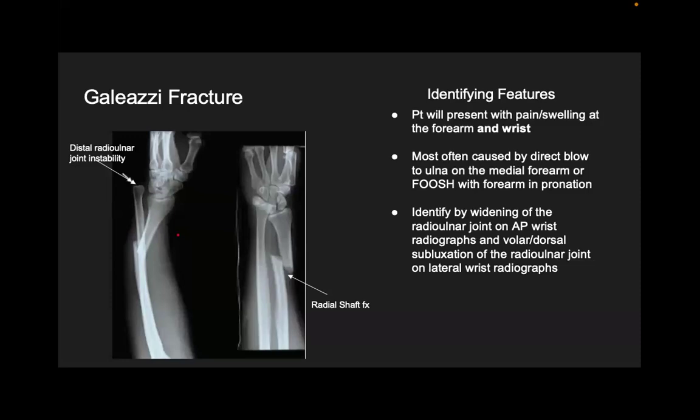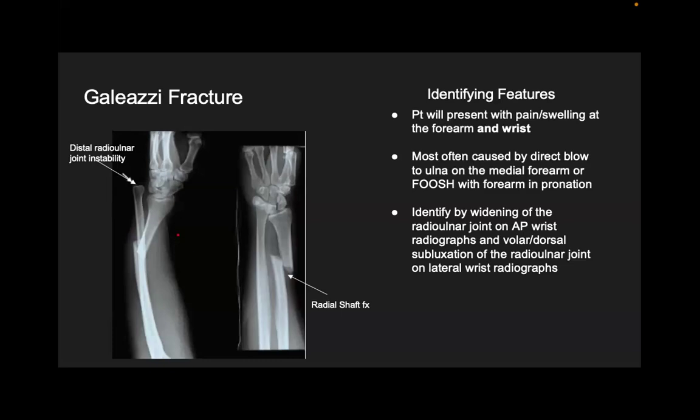The radius helps provide the pronation and supination that allows you to turn your wrist. Okay. So because you're able to turn, that's because you have that DRUJ, the bones are able to move around each other. Okay.